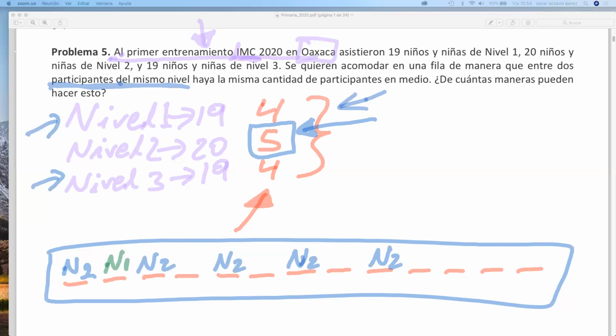Okay. 1, 2, 3, 1, 2, 3. I cannot put them, no puedo ponerlos de esta manera, ¿sí?